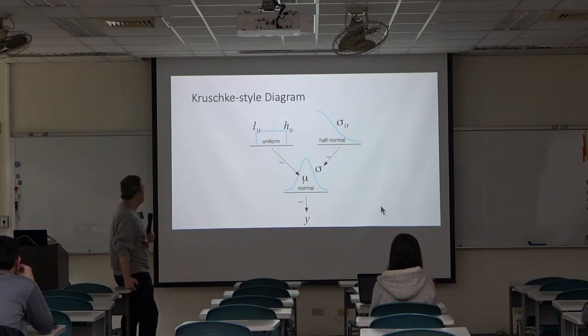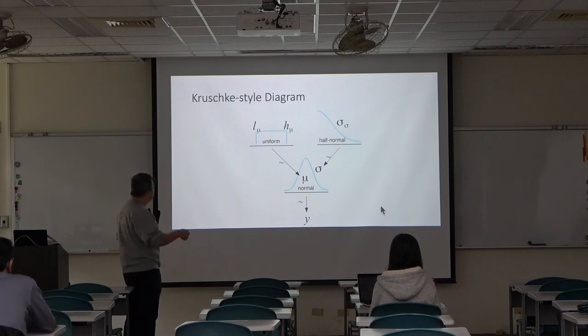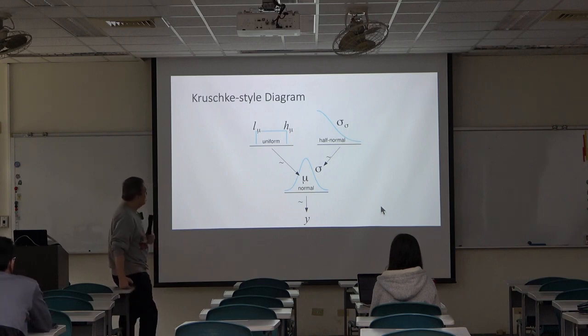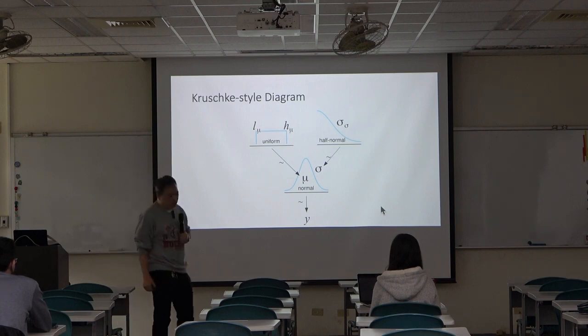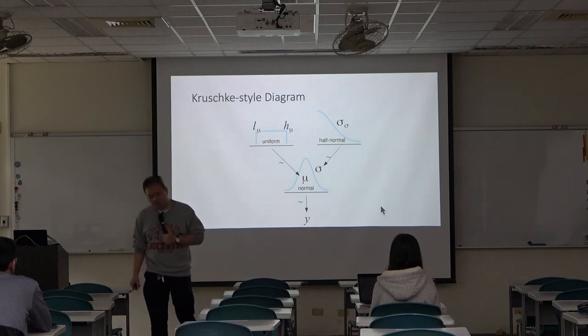One is the average mu, the mean. The other one is the standard deviation, sigma. The mean we model from a uniform distribution, and for sigma we model from a half normal, because sigma is always positive.